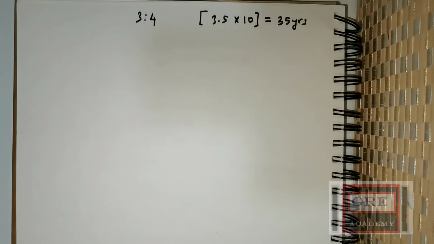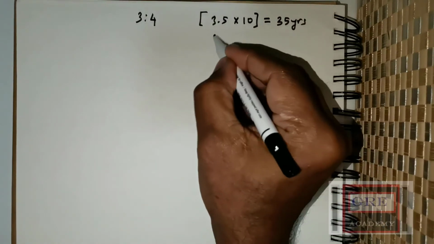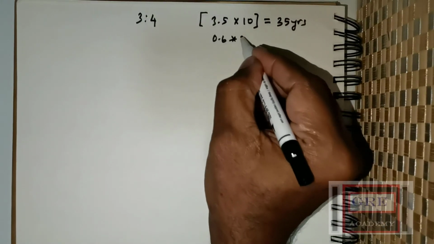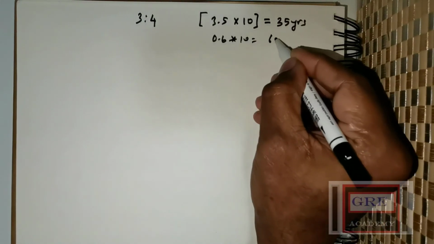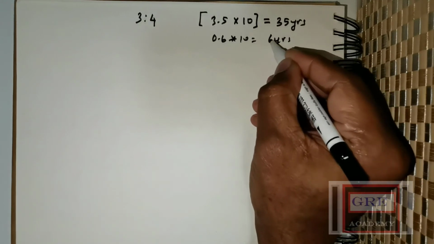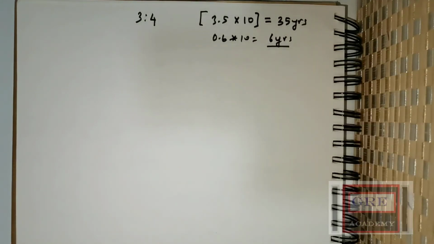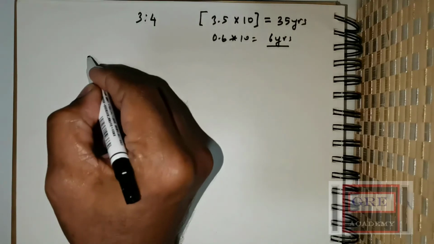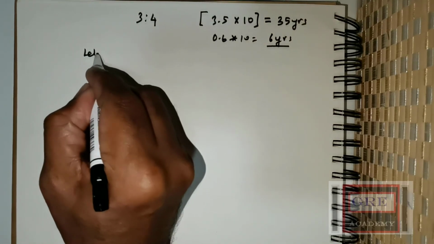Now the proportion of the ages after 0.6 decades is asked. So 0.6 times 10 is nothing but 6 years. So you are expected to find the proportion of the ages after 6 years. I'm going to start with the following assumption.